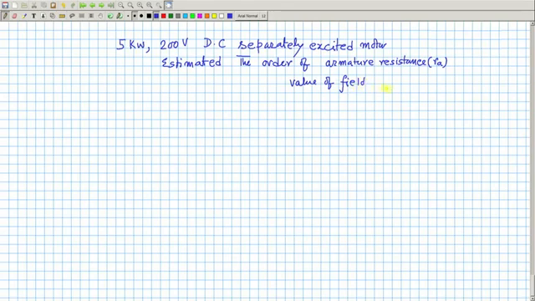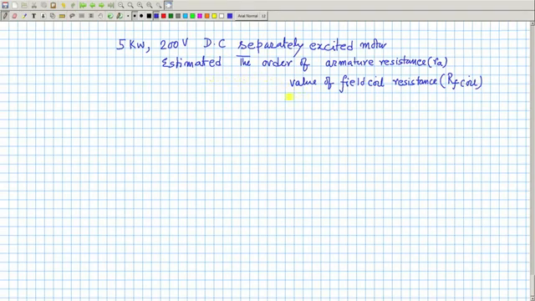Mind you, it does not include external resistance. That is R F coil. These two things we estimated. These are very useful information.